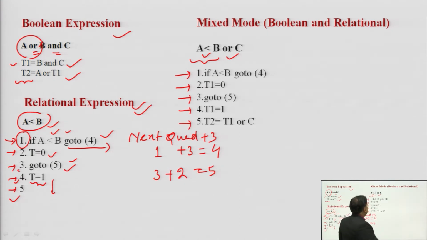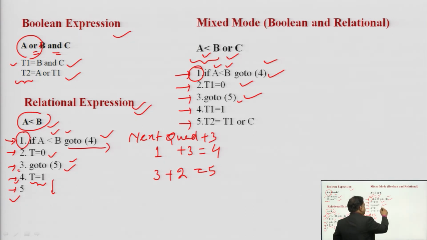So, if A is less than B, go to nextquad plus 3. The value of nextquad is 1, that is 1 plus 3 equals 4. Next statement for false, that is T1 equals 0. Then nextquad plus 2, that is 3 plus 2, 5, right.